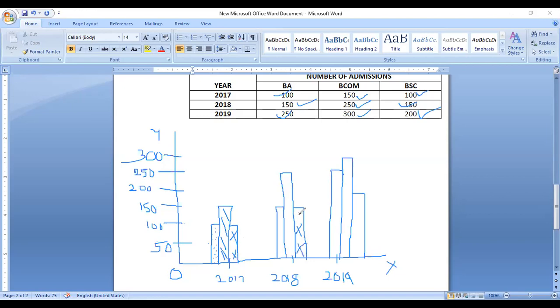So in every different bar we are using different features so that we can easily distinguish between admissions of BA and admissions of BSc, BCom like that.